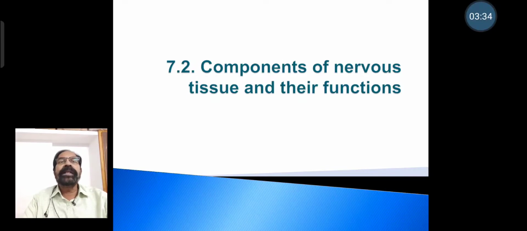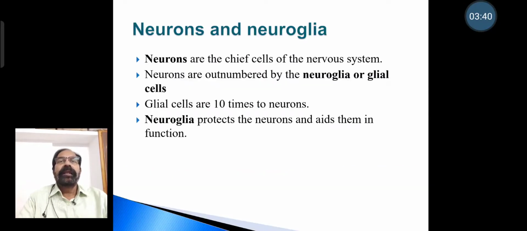Then we go to components of nervous tissue and their function. Neurons and neuroglia. Neurons are the chief cells of the nervous system. Neurons are outnumbered by neuroglia or glial cells. Glial cells are 10 times to neurons.